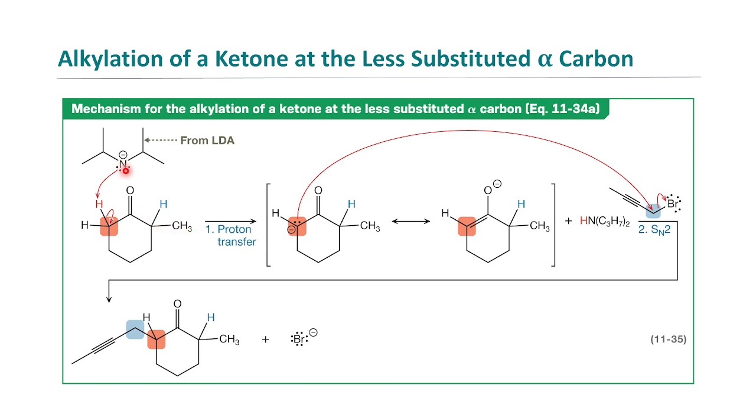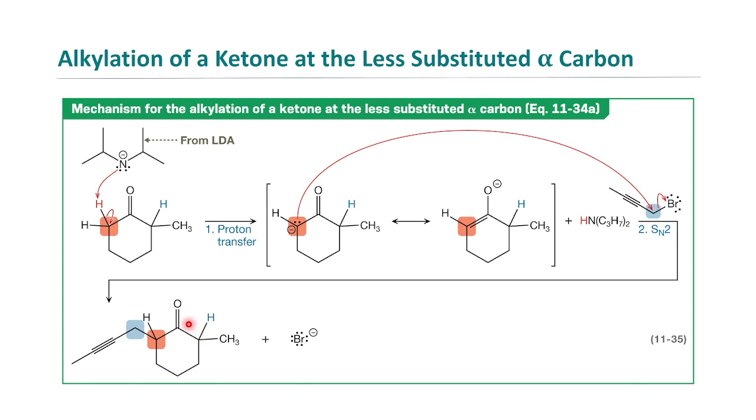And so here we have the LDA, that's its basic form, and this is going to attack the hydrogen on the less substituted side preferentially. This is then going to give us our enolate ion right here. That's that resonance structure. And then we're going to go ahead and attack on the carbon right here, and that's going to be our SN2 reaction where the bromo leaves. And that gives us our final product.